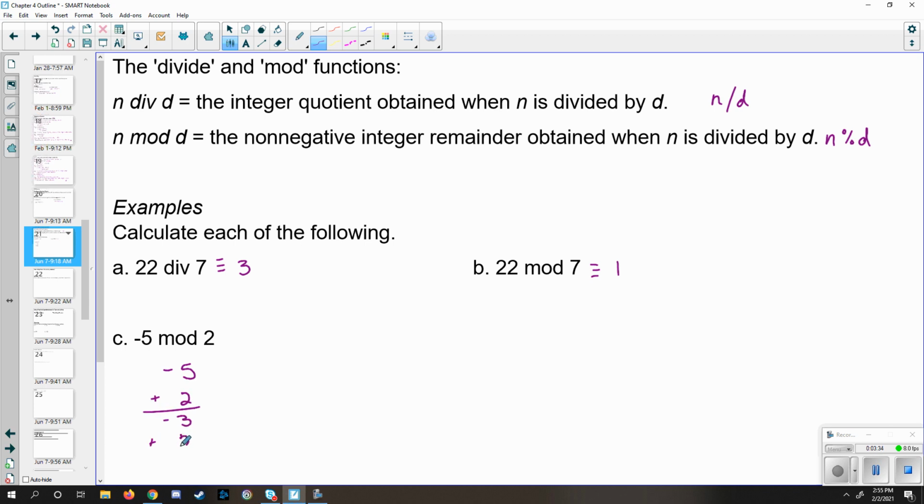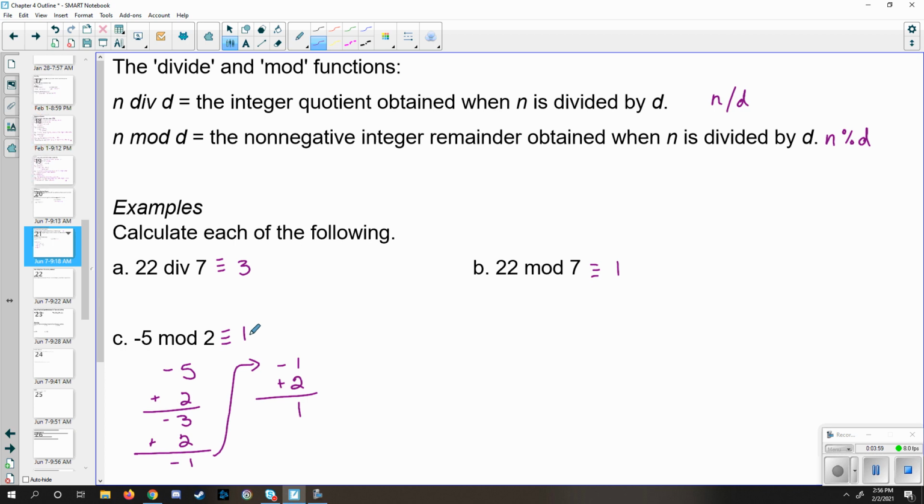I'm going to add another 2, since this is what we're modding by. Negative 1, add another 2. And you'll notice that this gets us just over that bump. So it's the first value that gets us back to the positives. So this would be 1.